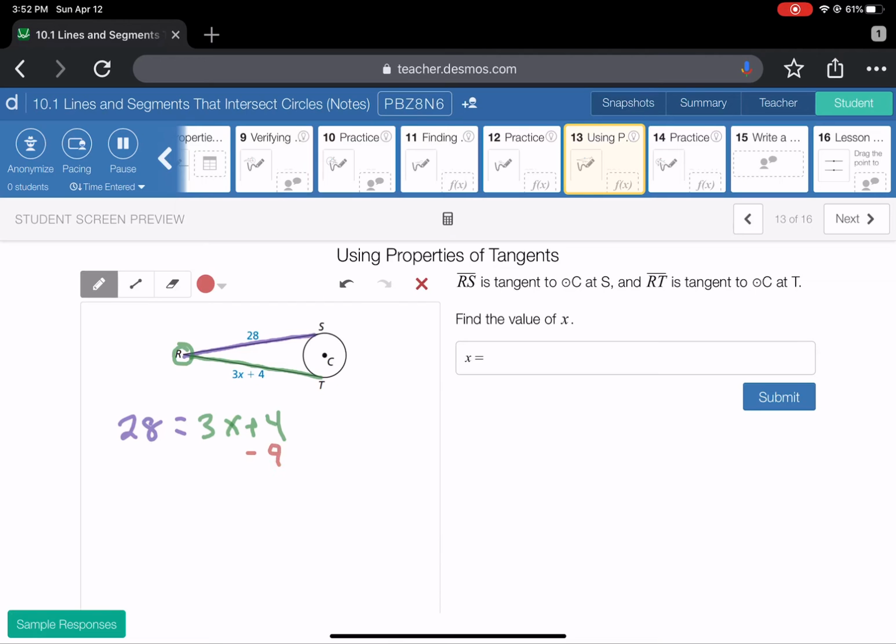I'm going to subtract 4 from both sides. That's going to give me 24 is equal to 3x. Leave the x by itself by dividing both sides by 3, which is going to give us x is equal to 8. Okay, so the value of x here is 8.